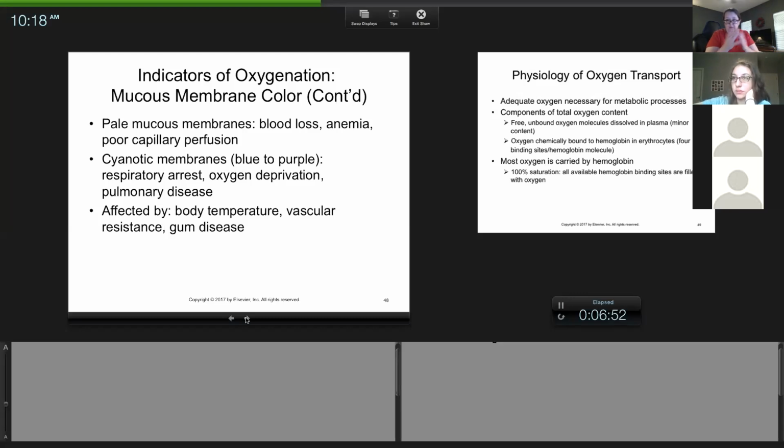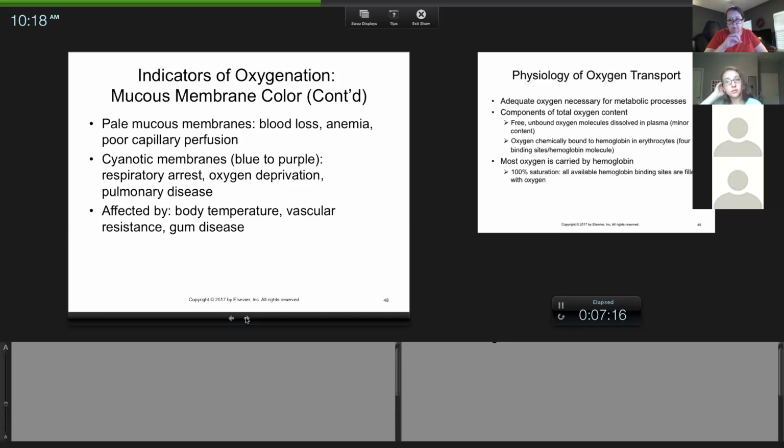So that's pale. If they're cyanotic, which can be blue to purple, or sometimes looks like this dusky pink, call it a dusky pink, very scientific, but they're just little shades of blue to pink to purple. Now, respiratory arrest, if your animal's not breathing, could be they're deprived of oxygen.